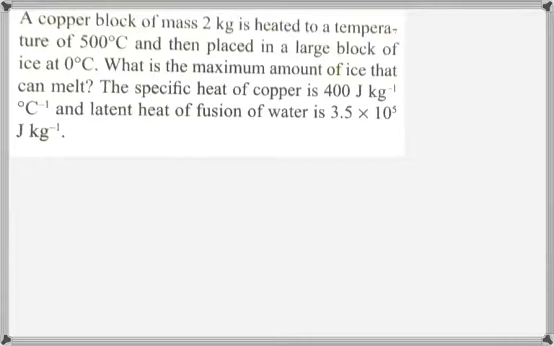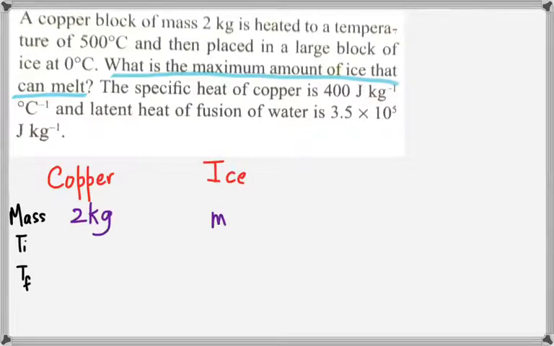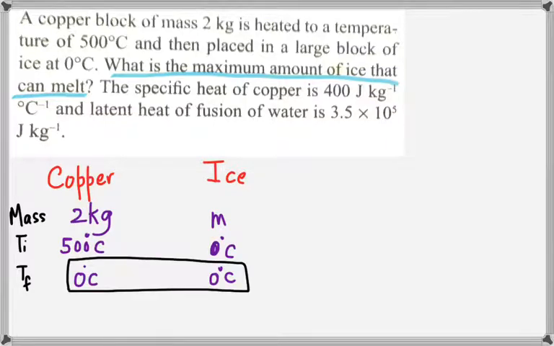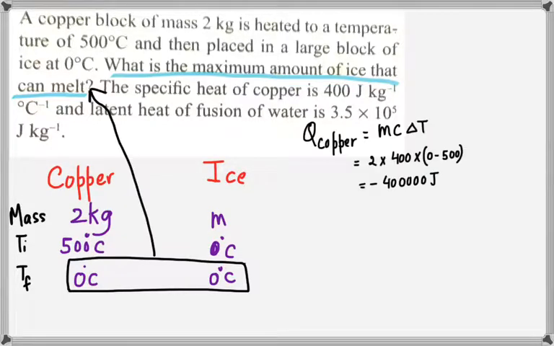The next question, again, is asking you the maximum amount of ice which can melt. So first step is to make the table. Now, because it's asking you directly the maximum amount of ice that can melt, it implies that all the ice is not going to melt. That means final temperature will be 0 degrees Celsius. That's how we get the final temperature.